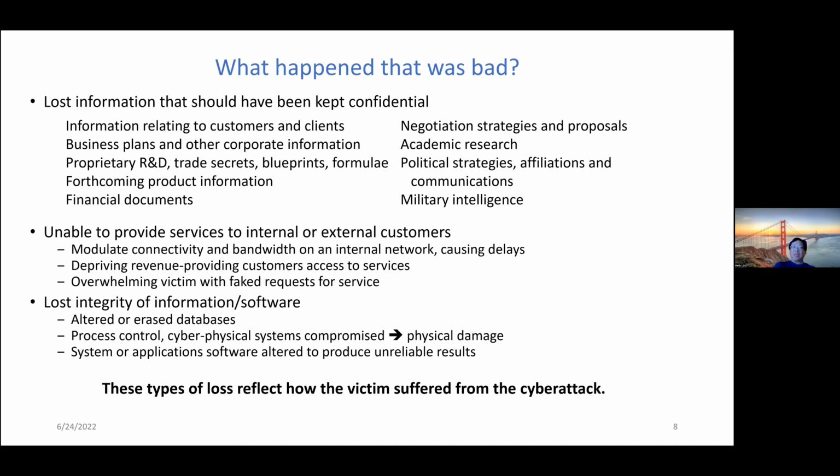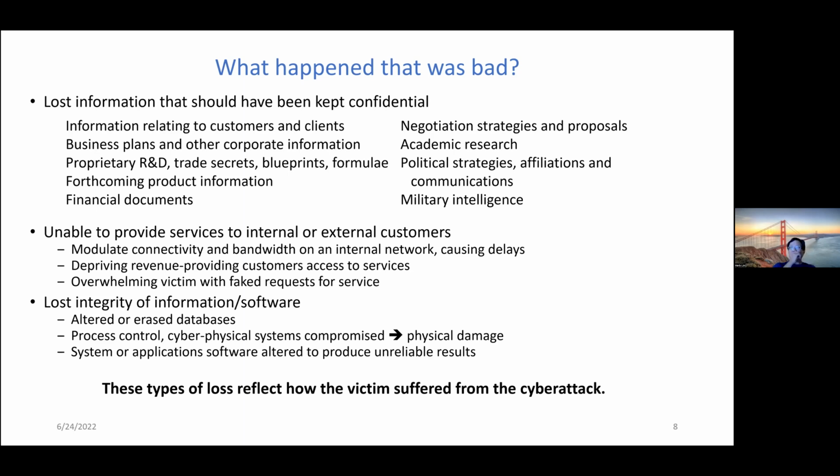If I get inside your network, I might be able to modulate the connectivity and bandwidth of people talking within your system, for example, so that I can delay an email that gets sent, a high priority email that gets sent out from the top management down to lower levels. I can delay that email in certain ways.